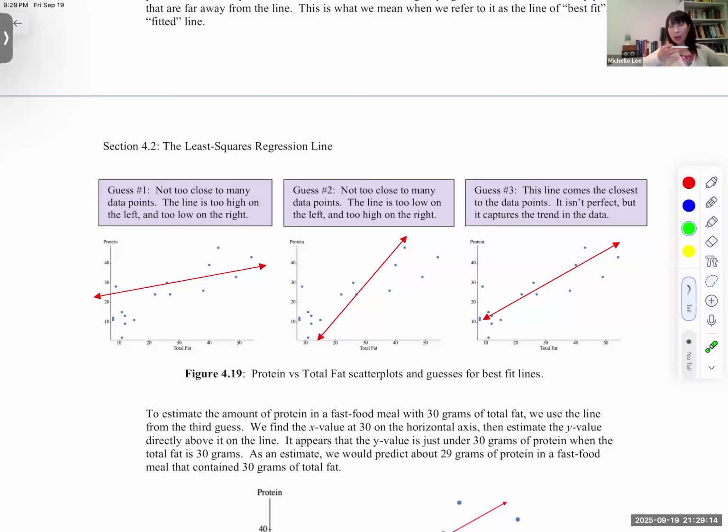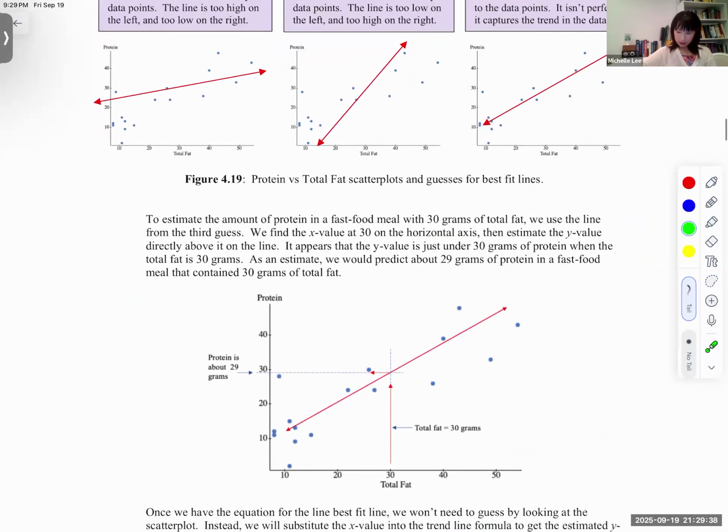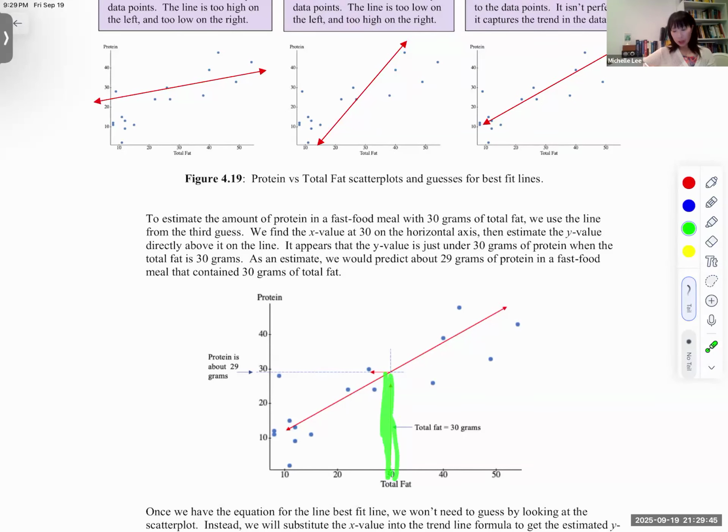Then why do we need this? Why do we need to be concerned about this? Basically we want to estimate and predict: when x equals something, we can guess what y equals. In this case, we don't have a data point when total fat is 30.